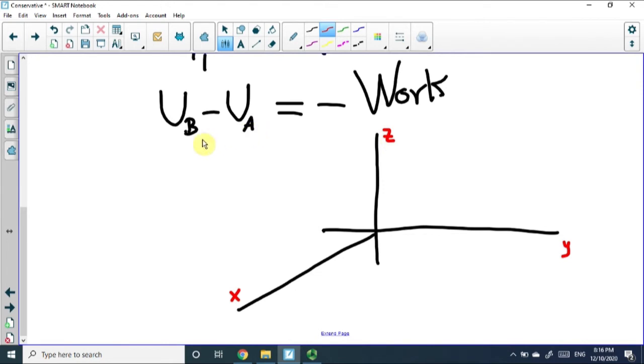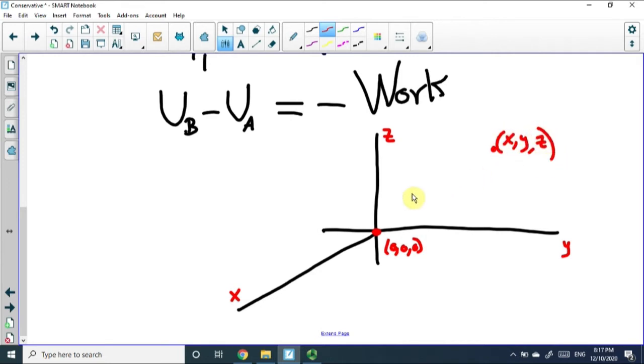Now let's choose 2 points, A and B. Since we're going to do this in general for any location, let's take the initial location to be the origin, so that's 0, 0, 0. Now we want to move to any arbitrary point in three-dimensional space, so let's say this point here, which has coordinates x, y, and z.